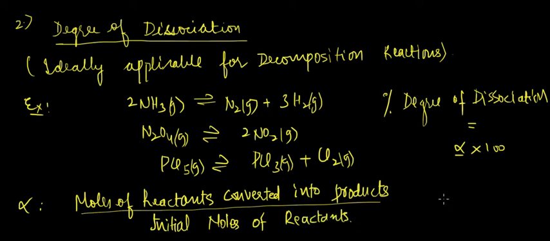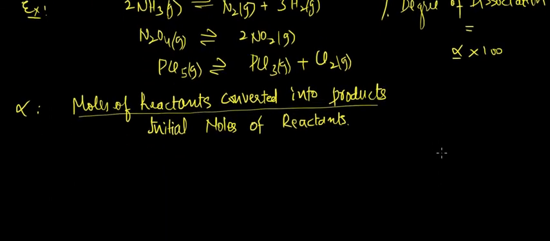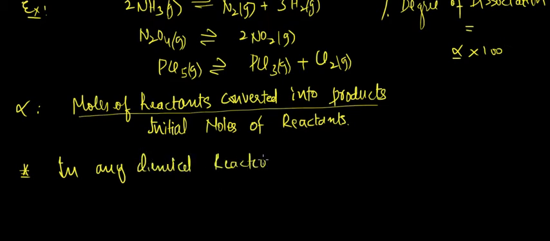In general, in any chemical reaction, we can say that the value of alpha would range between 0 and 1.